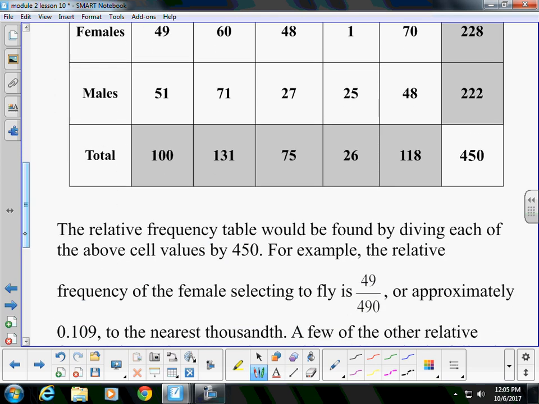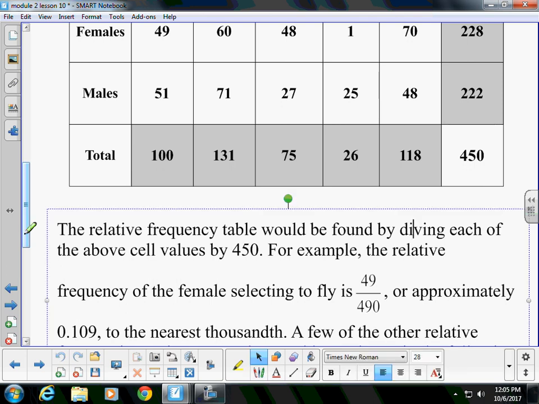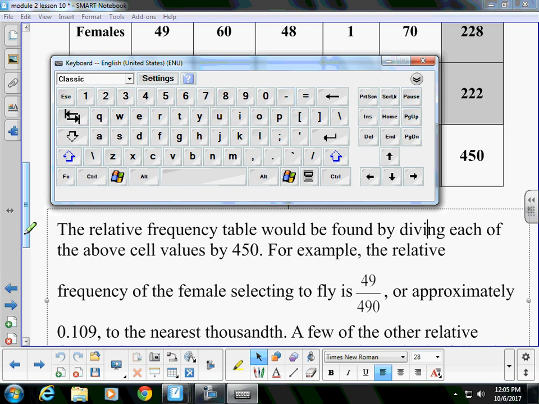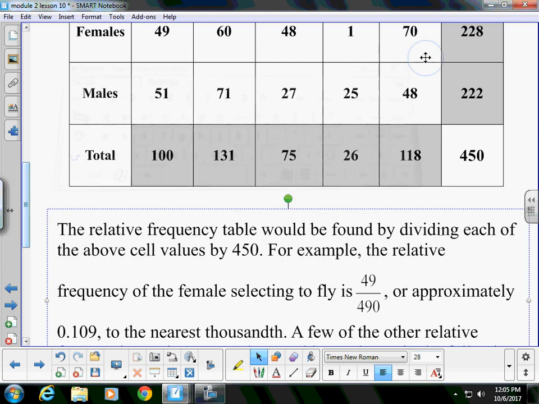The relative frequency table would be found by dividing each of the above cells by 450.